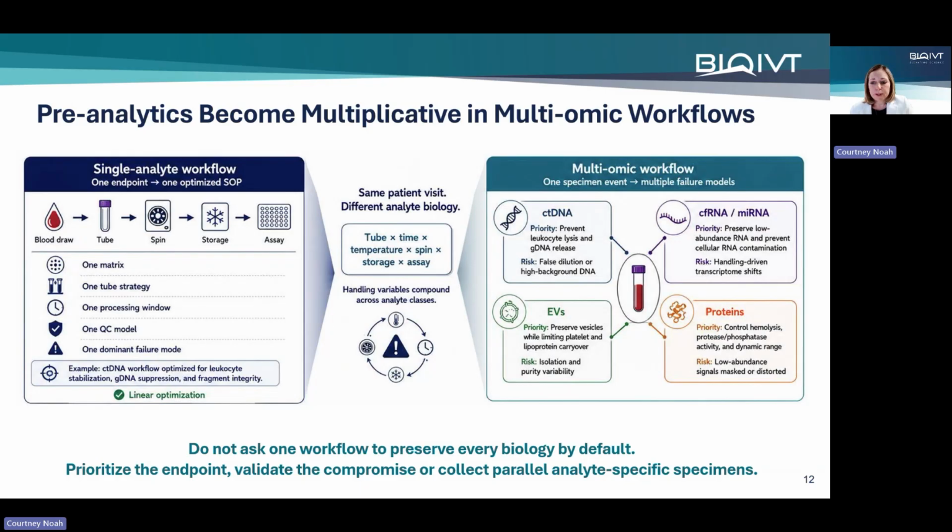If pharmacodynamic protein measurements are critical, then prioritize proteomic integrity. And if multiple analytes are equally important, then consider collecting in parallel so that each of those collections can be optimized for the specific purpose. The key principle is that a perfectly executed assay cannot rescue a compromised specimen.